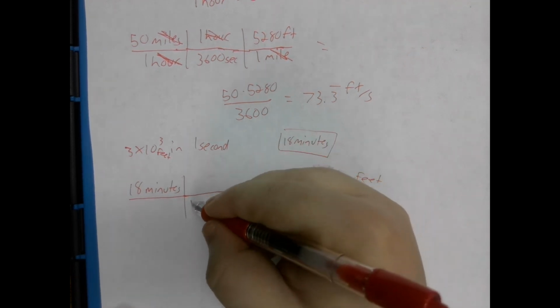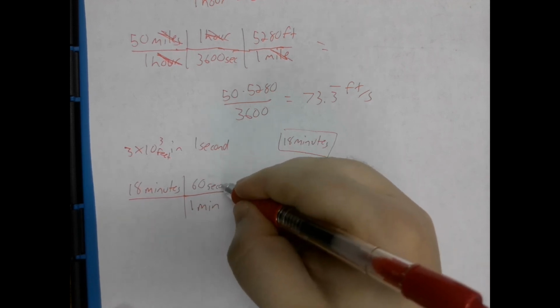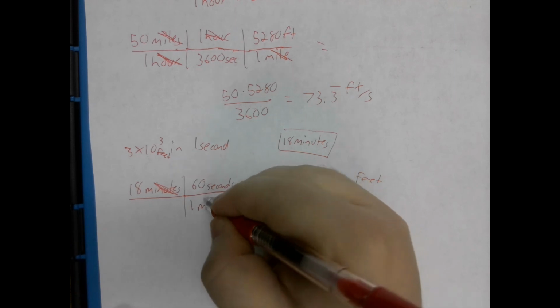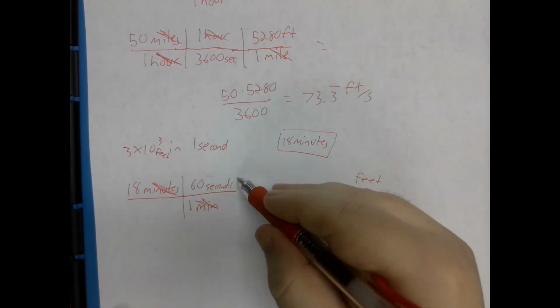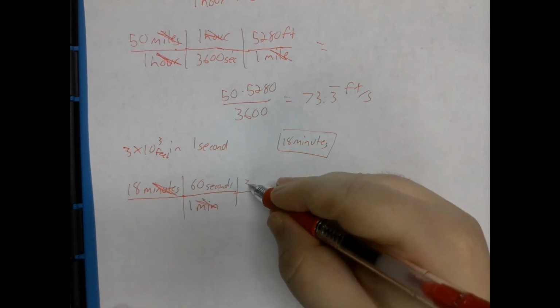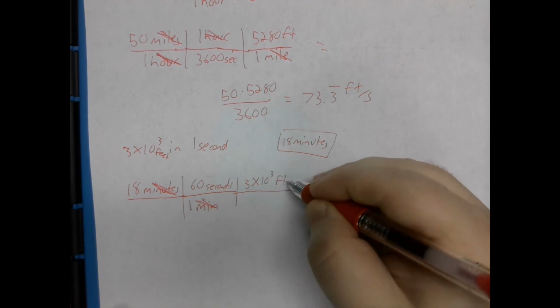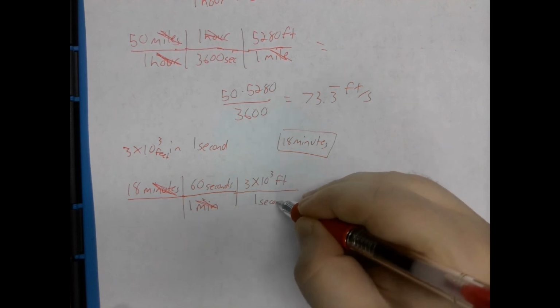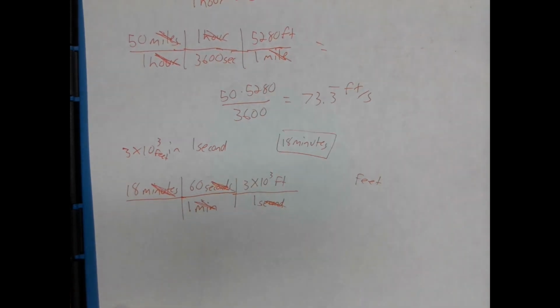So I'm going to convert 1 minute to 60 seconds. All right, I can cancel that out. Now I'm given seconds. So now I can add this in. It is 3.00 times 10 to the 3 feet for 1 second. Now the seconds cancel out and I'm left with feet.